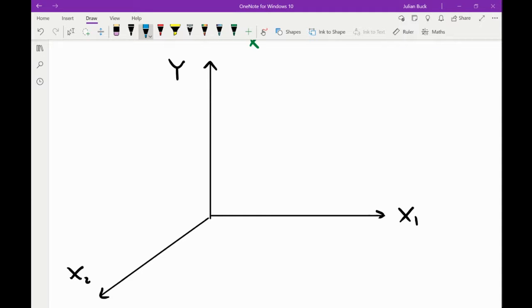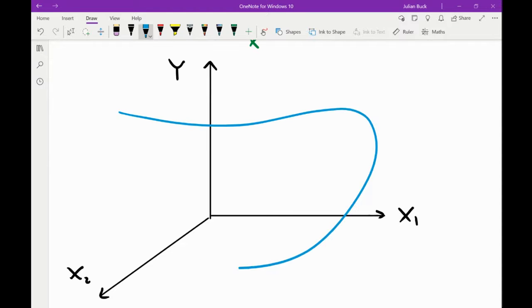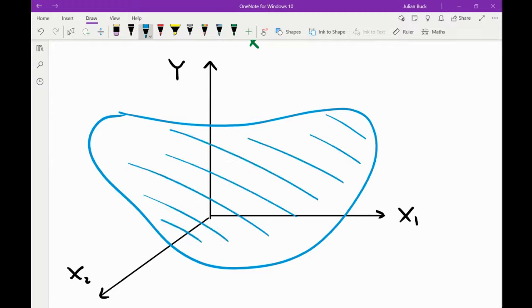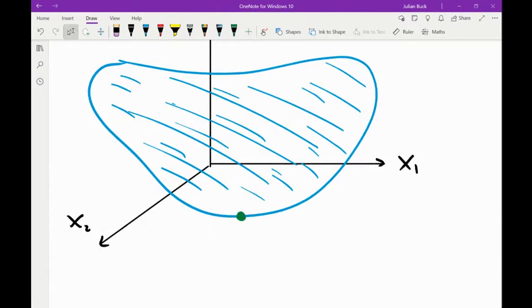And so now the graph of our loss function geometrically is going to be some sort of surface in 3-dimensional space. It's hard to fully visualize this, but this is the idea. And then let's say that this point down here in the feature space is our global minimum.